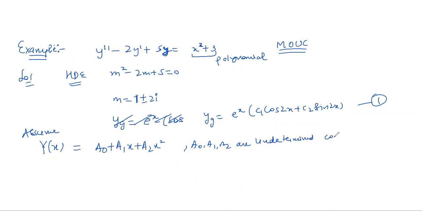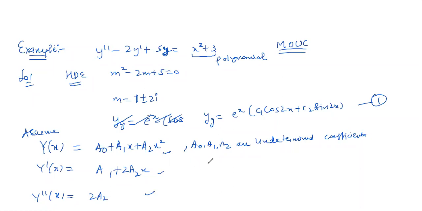And now we know the process. Once you assume your Y(x), what you have to do is compute Y' and Y''. It's easy. Y' is going to be a1 + 2a2x, and Y'' is going to be 2a2. So you put these values in the original differential equation.